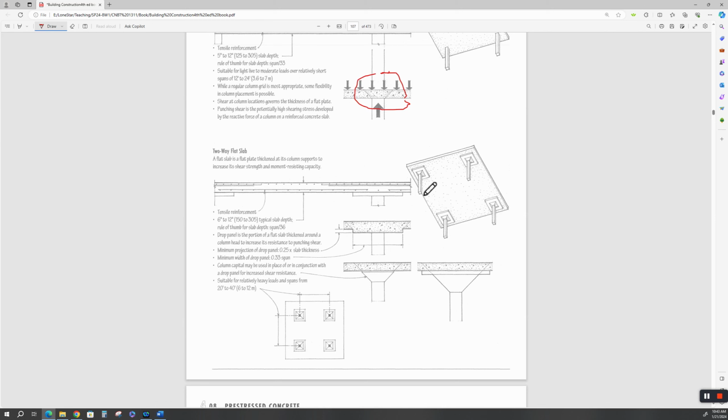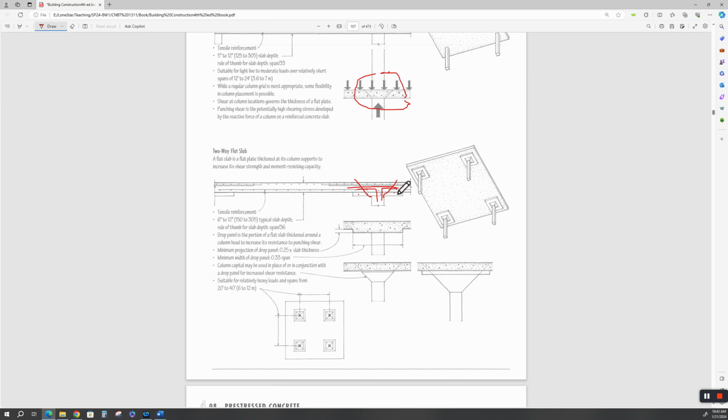You can reinforce these shear pads, cast them in place with the slab, do a little drop down on top of the column, and reinforce this. Reinforcing detail would look something like that. There'd be some more reinforcement across here in reality, and there'd be some temperature steel down in here, because this is all going to be in shear. It's going to try to punch a hole like a paper punch right through that slab.